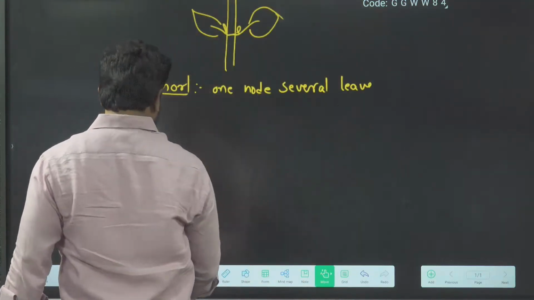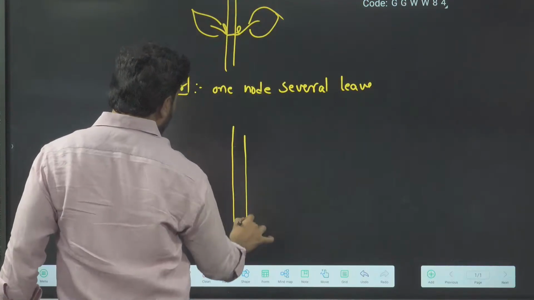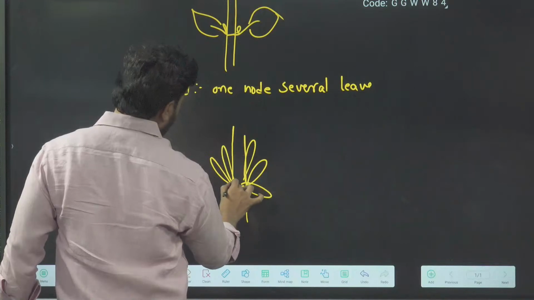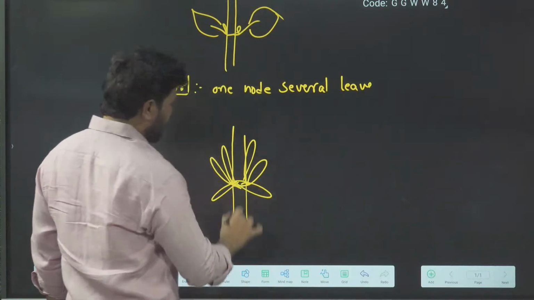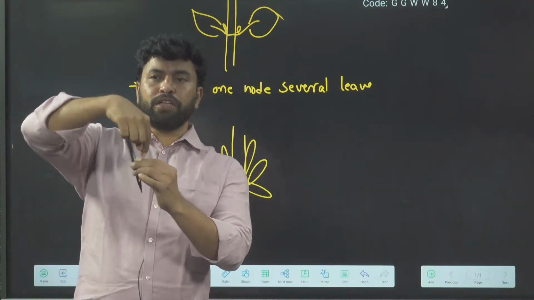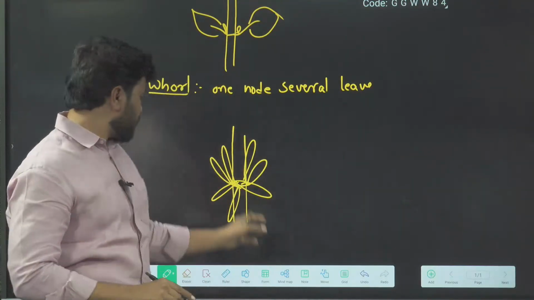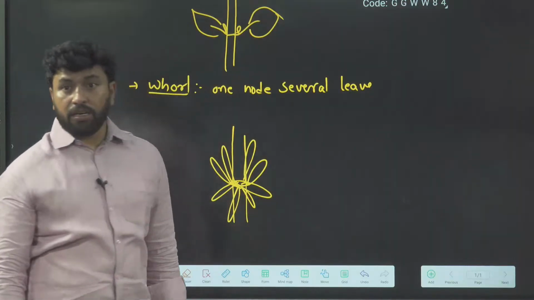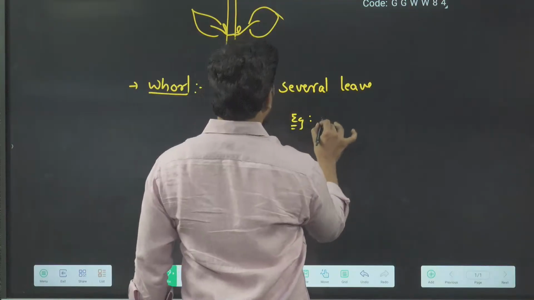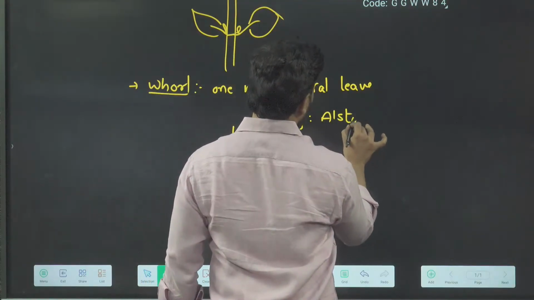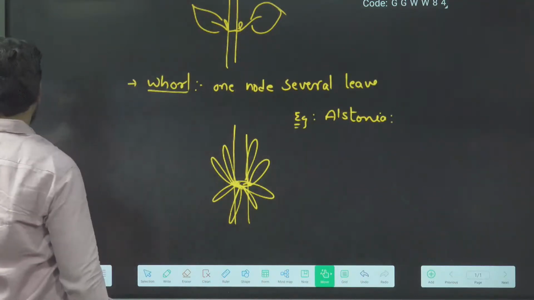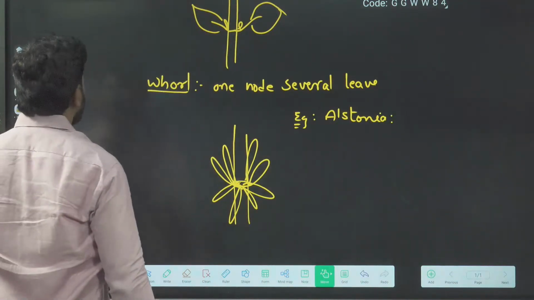All these leaves present in a node will be arranged like a ring around the stem. If it is a stem, on the node there will be a surrounding of these leaves. This phenomenon is called whorled phyllotaxy. The best example of whorled phyllotaxy: Alstonia. Let me show you some of the things that I have collected.